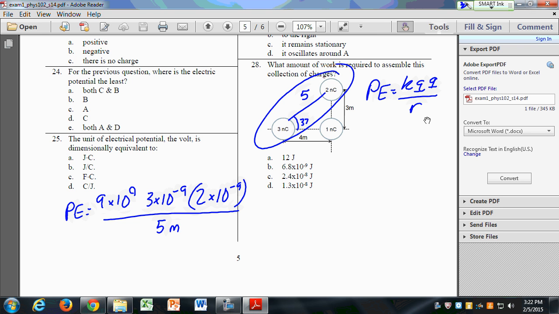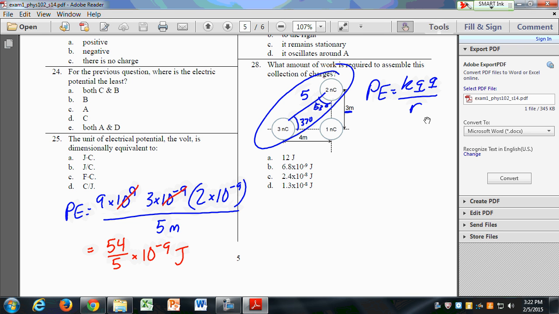This is 37 degrees, that's the side opposite the little side, and this is 53 degrees. But if you can't remember those, just remember the 3, 4, 5. Remember again, it'll help you to be able to cancel some of this business out, and so we're left with 54 over 5 times 10 to the minus 9 joules.